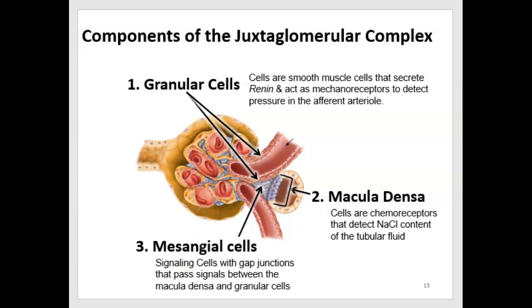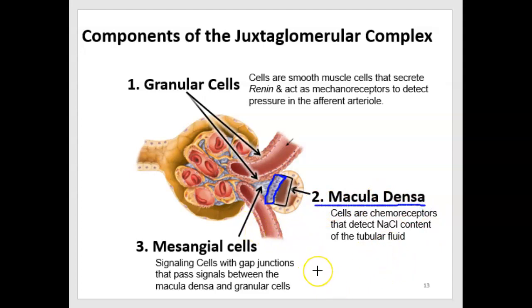The second component of the juxtaglomerular complex is called the macula densa. And these cells include part of the ascending limb cells that make up that wall. We'll just leave it there. That's what it includes, macula densa. And these cells are chemoreceptors.